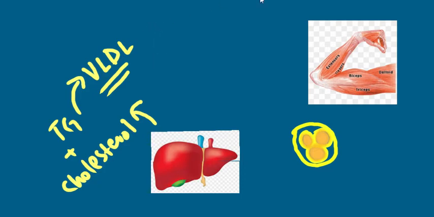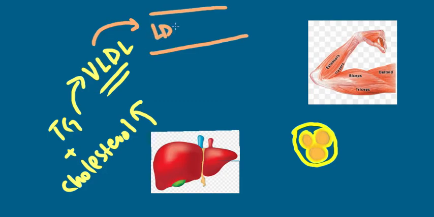ठीक है, आपके पास you'll have the same bloodstream. Let's see, this is your bloodstream. ठीक है, ये VLDL जो है ये जाएगा आपके bloodstream में. यहाँ पे it will be then again broken down into intermediate density lipoprotein, and then into intermediate density lipoproteins के बाद क्या होगा, आपके LDL में convert हो जाएगा, which is low density lipoprotein.